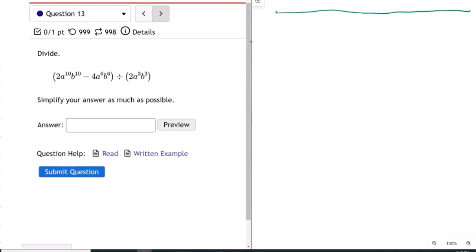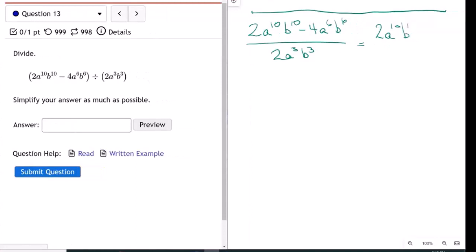I have a binomial divided by a monomial. So I can just say 2a to the 10th, b to the 10th, minus 4a to the 6th, b to the 6th, divided by 2a cubed, b cubed, which equals, I can separate this into two separate fractions.